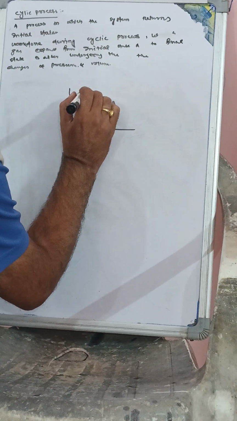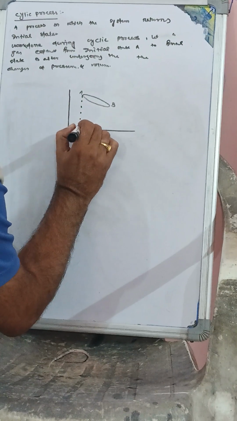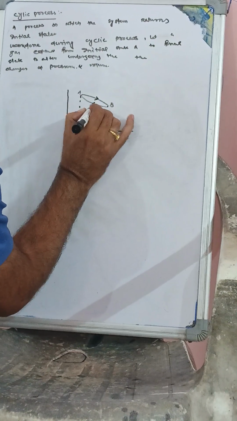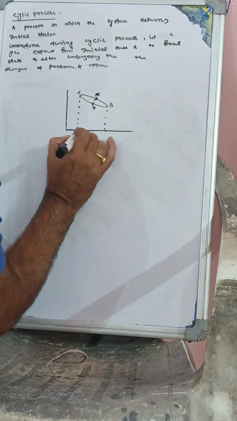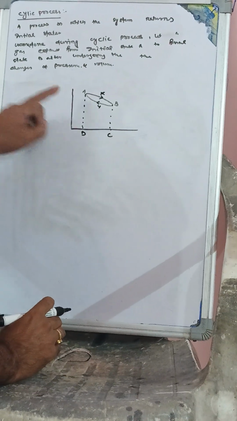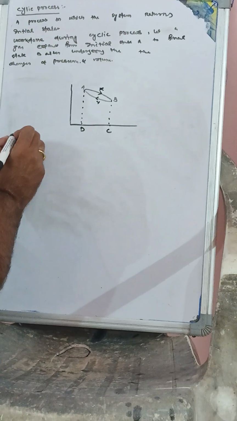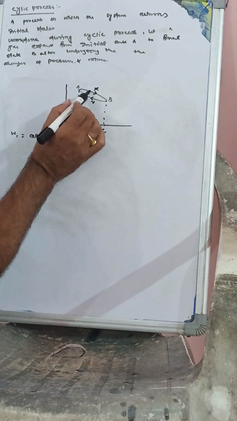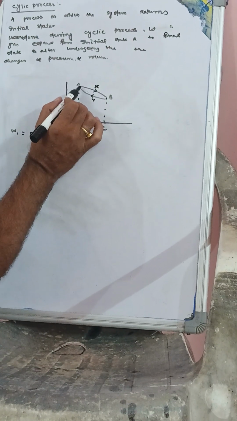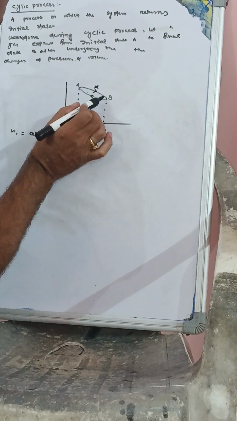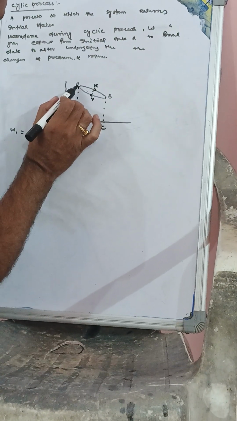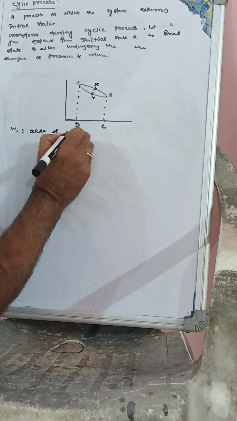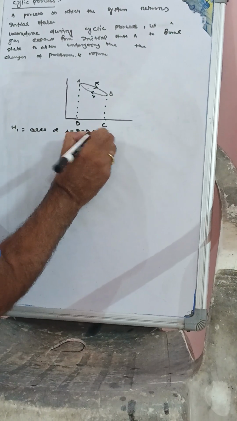We draw A, X, B, C, D, A. Work done W1 is the area of A, X, B, C, D, A. Going from A to B and then back, the system returns to its initial state, that is the cyclic process.